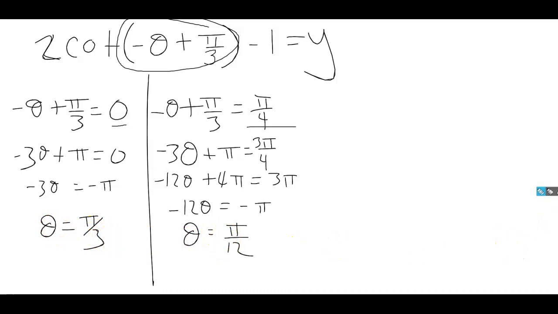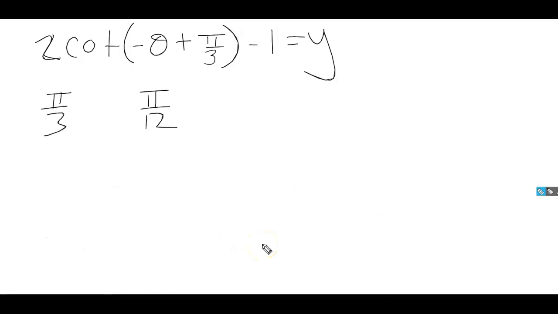But we still have to find the other 3. Okay, so let's go ahead and do that. When you have fractions, you have to get a common denominator. The common denominator for 3 and 12 is 12. So I'm going to multiply the top and bottom by 4, which gives me 4/12 and 1/12, right?